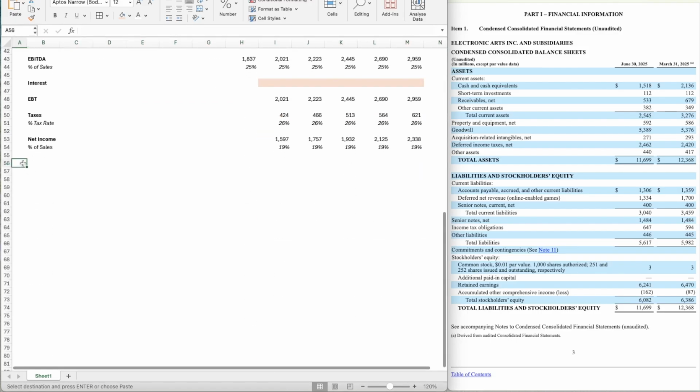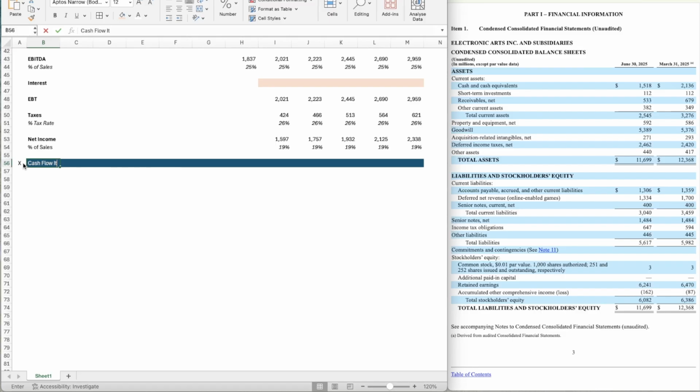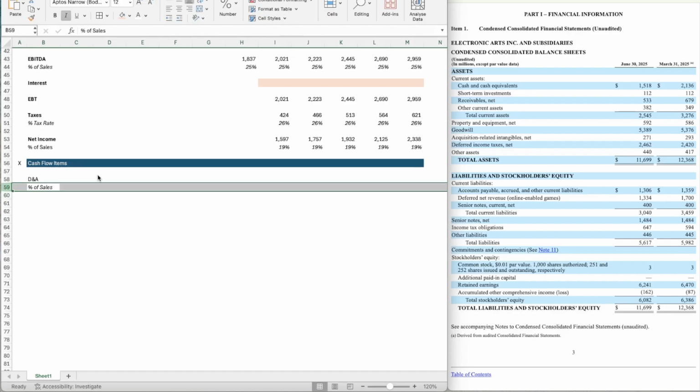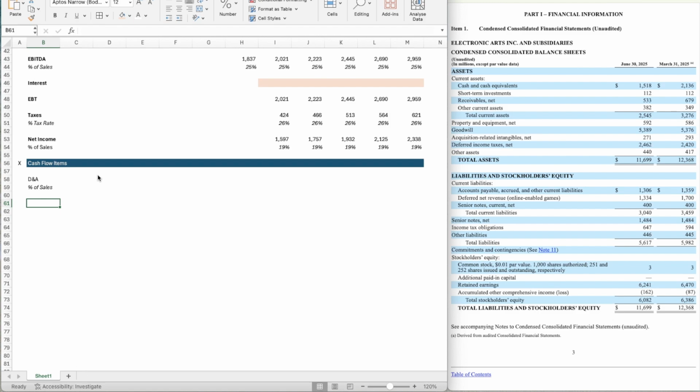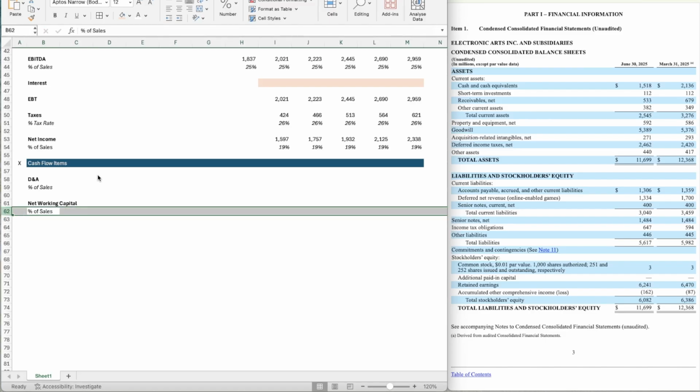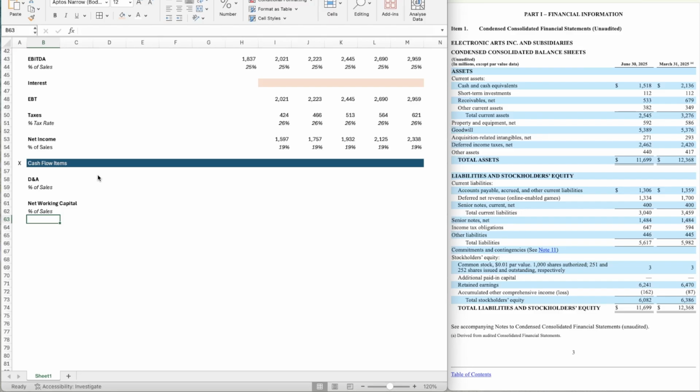So the darker blue. Cash flow items. We want the depreciation and amortization, percentage of sales. Then we want the net working capital as a percentage of sales. Then we want the change in NWC. And then we have CapEx.